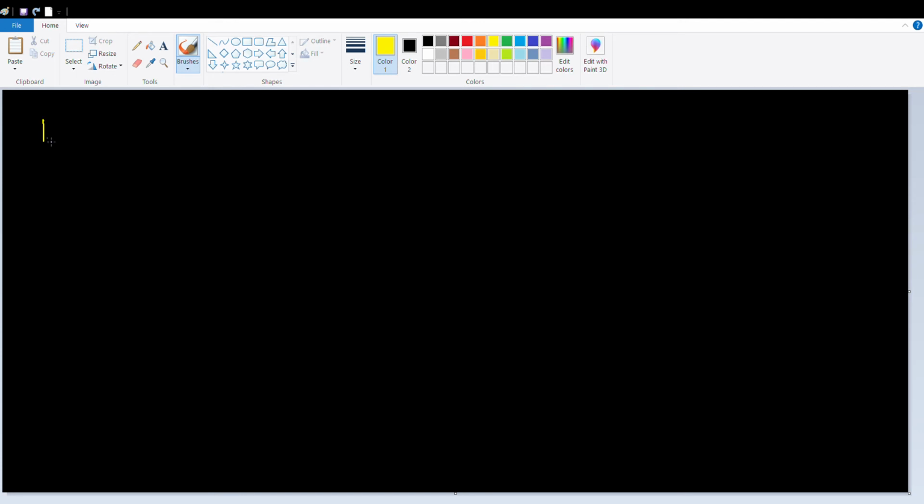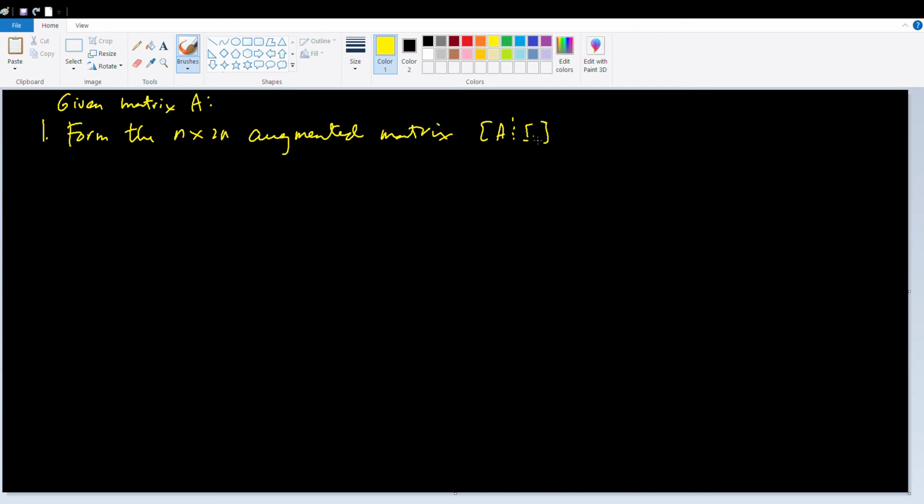So the first step is, of course, we are given matrix A. So the first step is to form the n by 2n augmented matrix A I. All right, and the second step is to reduce the above matrix to echelon form.